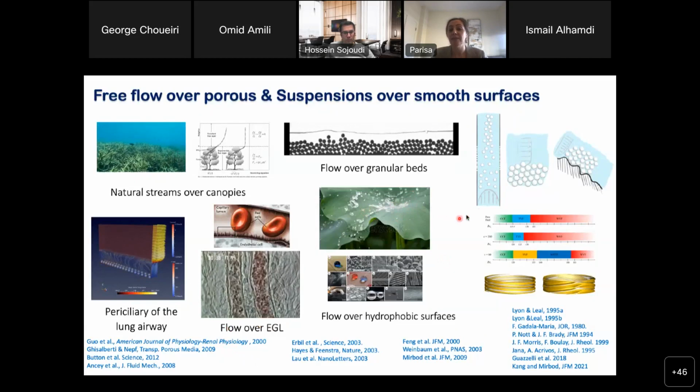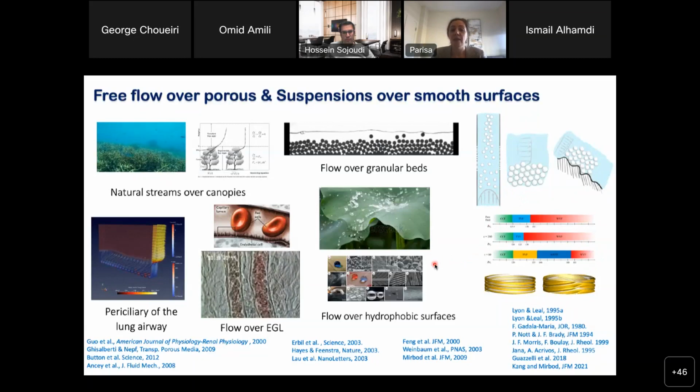On the other hand, there were also some works that considered suspension flows in various geometries, like Couette flow, or in channels or different structures. But specifically, the goal of my work, when I started my career, was to couple these two scenarios.